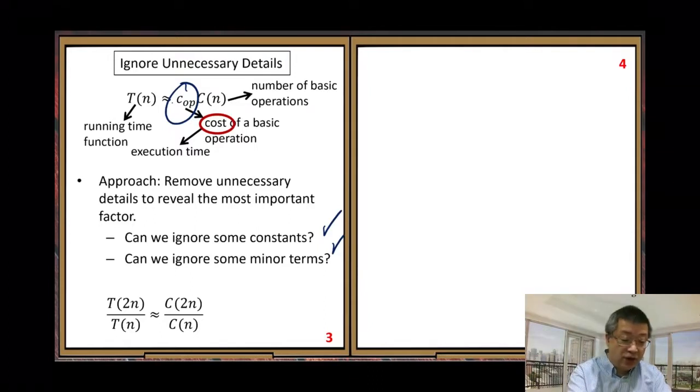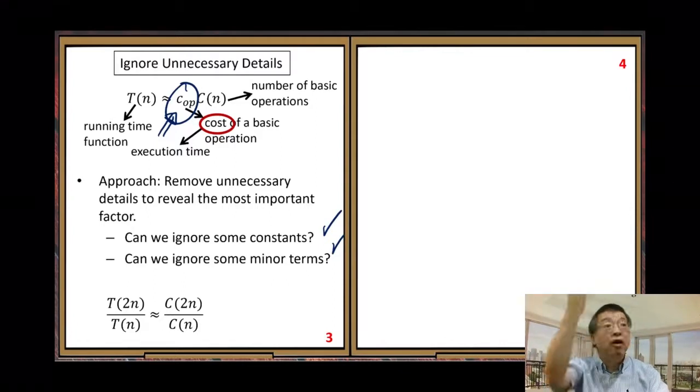Why can we ignore this constant? Because when we look at the ratio T of 2n over T of n, what does that mean? That means when you double the problem size, what is the increasing rate of T of 2n over T of n? That can be used to measure how fast the function grows.